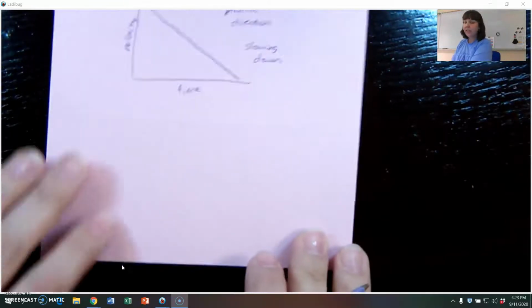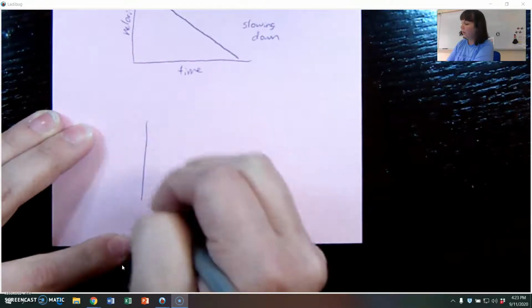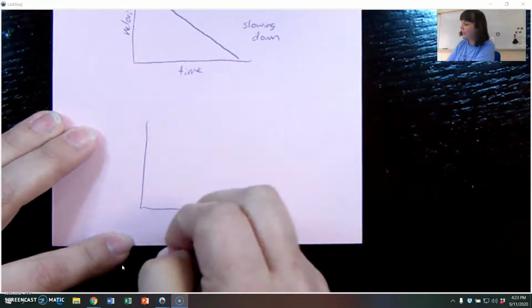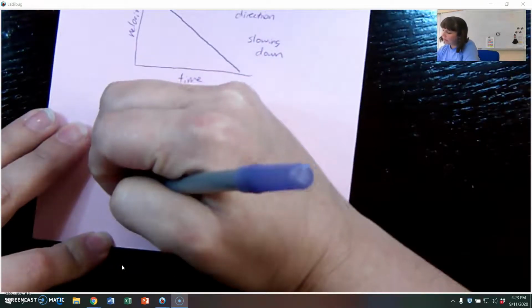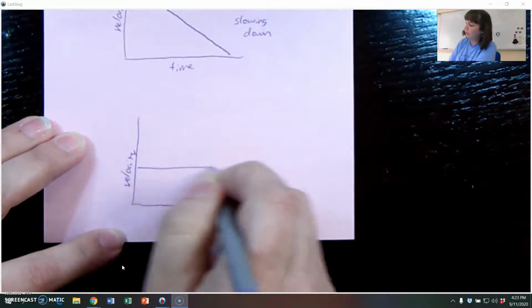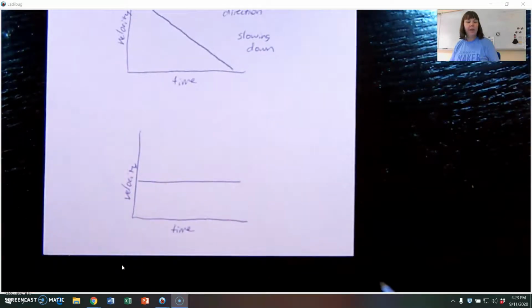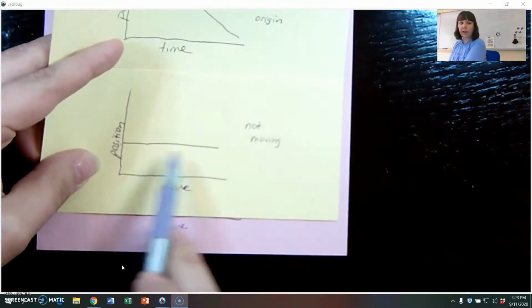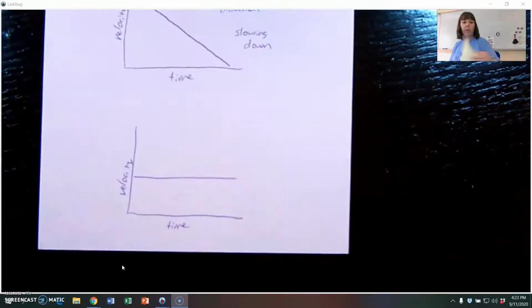Okay, and just like we did on our other sheet, we won't do the vertical again, but let's have a horizontal line. Now on the position time graph, a horizontal line meant we were not moving.